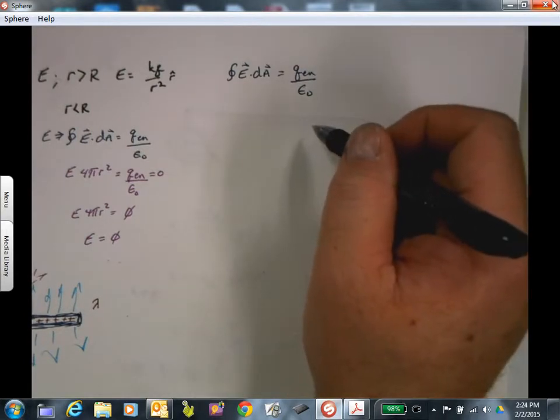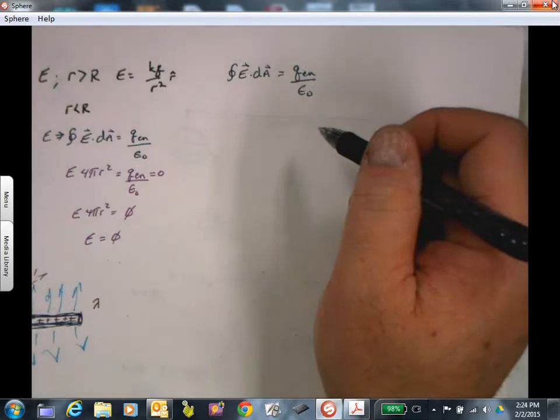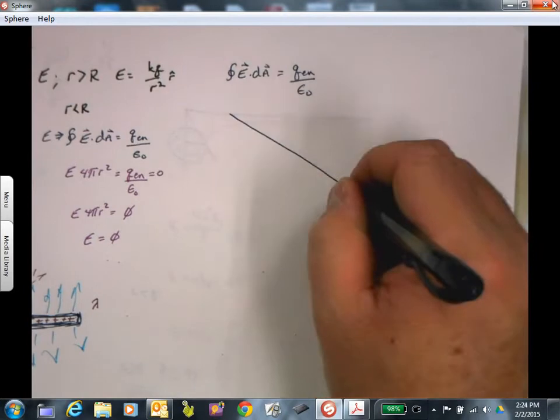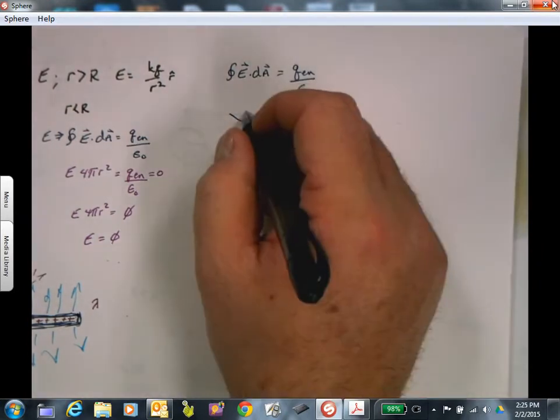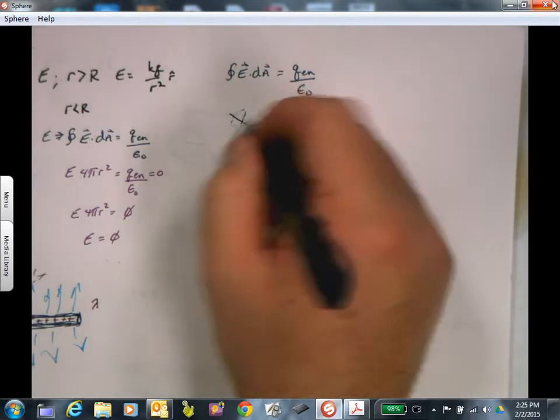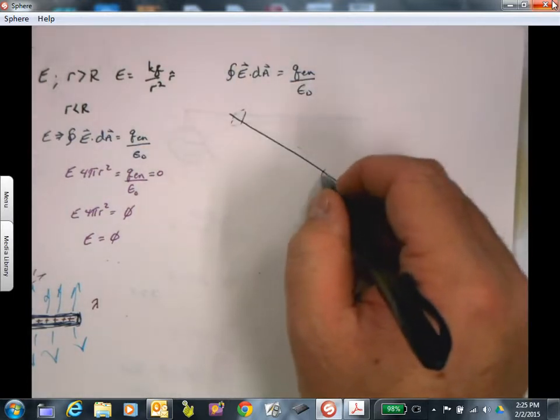Oh, and also we can forget the end caps because what's going to be the flux? Here, let's draw our line here. Okay, let's draw a cylinder around the line.